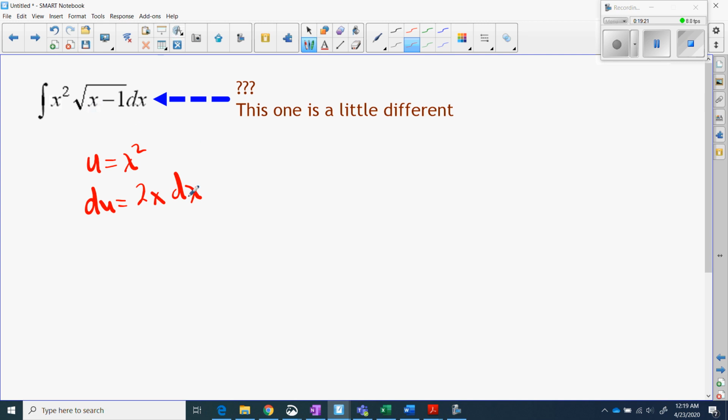Here's the problem with getting the dx: du over 2 could be x dx, but I don't have x dx. I could say the square root of u would be equal to x if I took the square root of both sides.